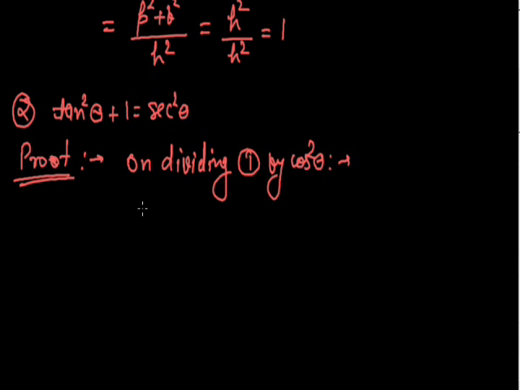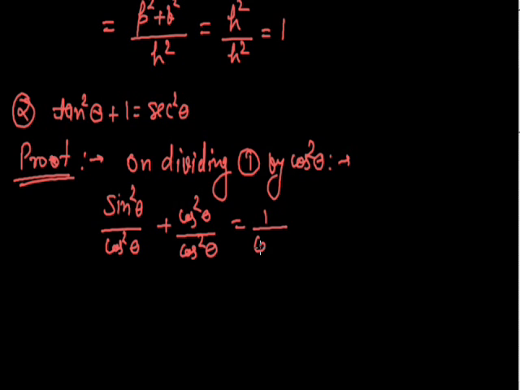We have sin²θ upon cos²θ plus cos²θ upon cos²θ is equal to 1 upon cos²θ. That would be equal to sin upon cos, that is tan²θ, plus cos upon cos, that is 1, equal to 1 upon cos, that is sec². This is our second identity.